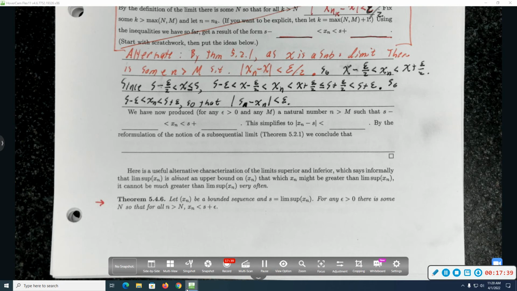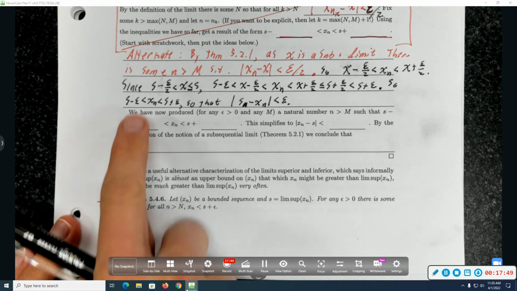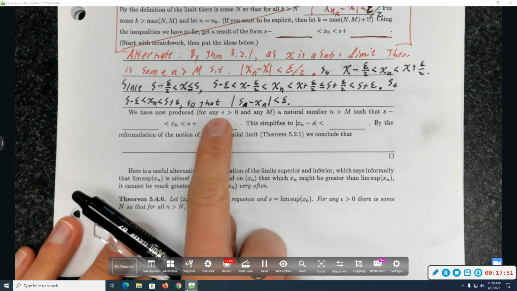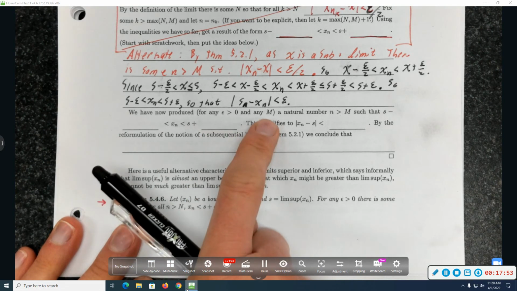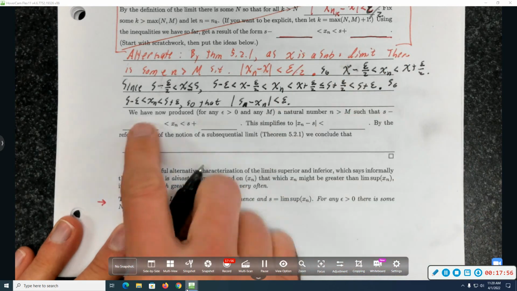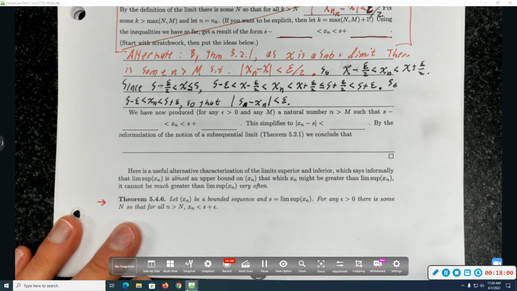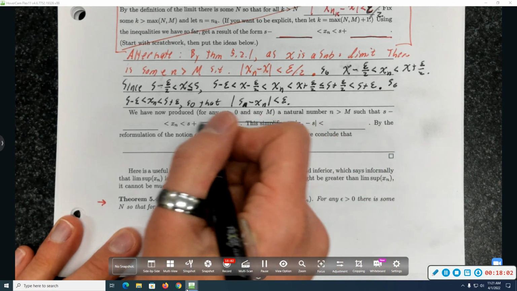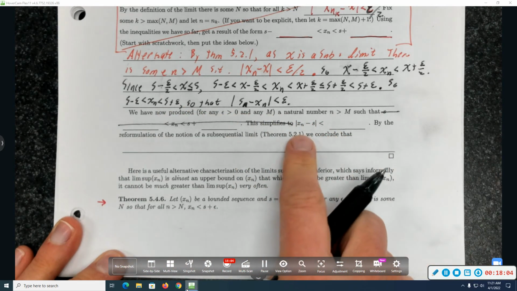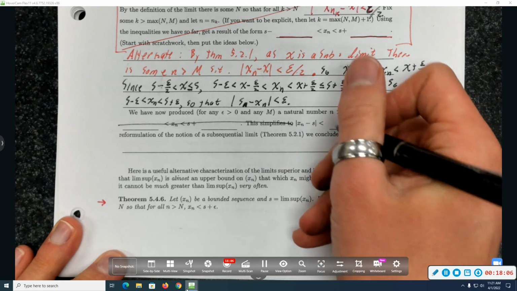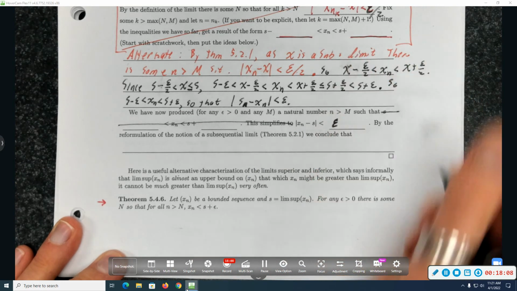People feel pretty okay so far? Right, so all those things I wrote, well, just this, right? And so now I guess the concluding sentence. We've now proved that for any epsilon and any big N, we have produced a natural number, little n, bigger than big N, such that absolute value of xn minus s is less than epsilon.